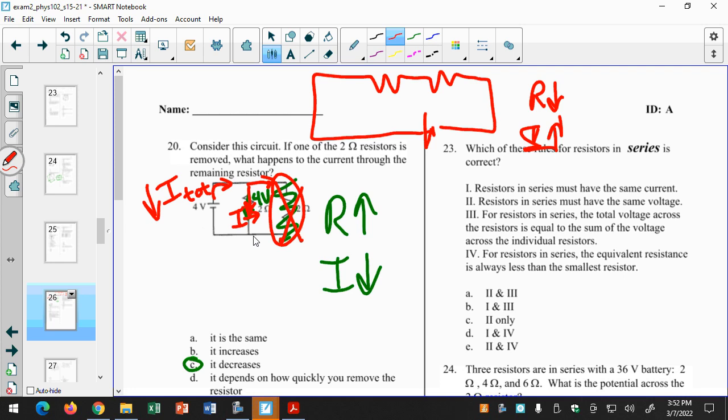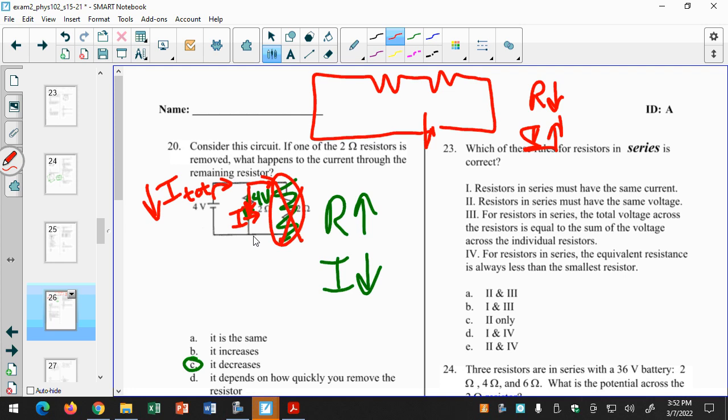So if I remove one of these, my overall resistance has gone down, so the current will go up because I have the same amount of energy but less resistance to the flow of electricity. This resistor would see more current. That's true, so the voltage would also go up in this resistor. Okay, back on the other one.